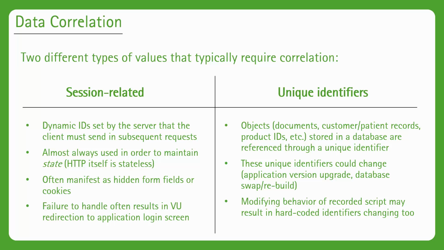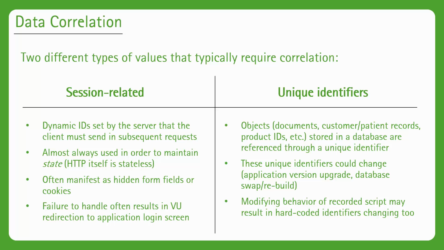And of course, if you're switching between different environments, they're more than likely pointing at different databases, and the IDs, the primary keys, will often not match. So it makes sense to then need to correlate those values.